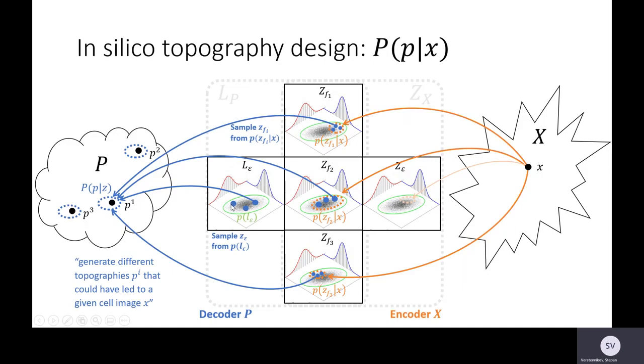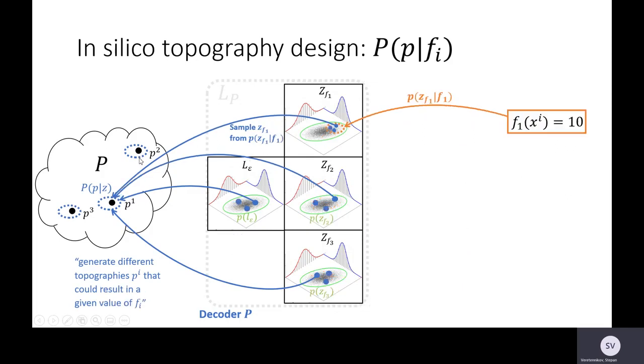We pass these 4 points to the decoder P and get an outputted distribution over topographies. So again, we sample from Z to get different small distributions in the space P, to get visually different, though not completely different, topographies, to maximize the differentiation in topographies that, according to our model, could have led to such an image.